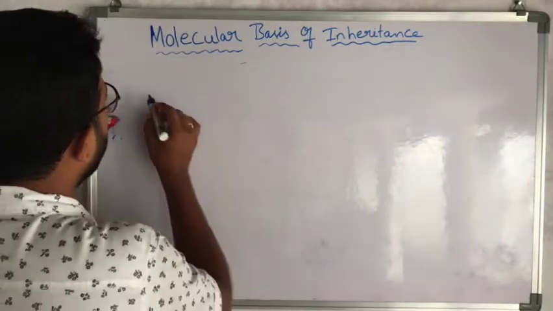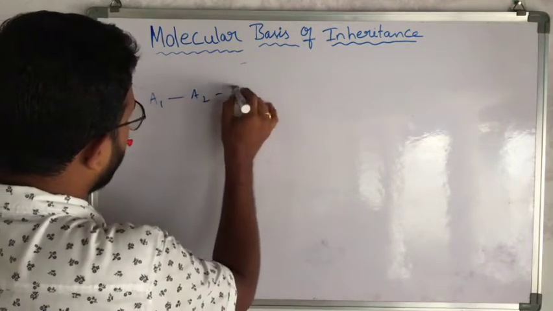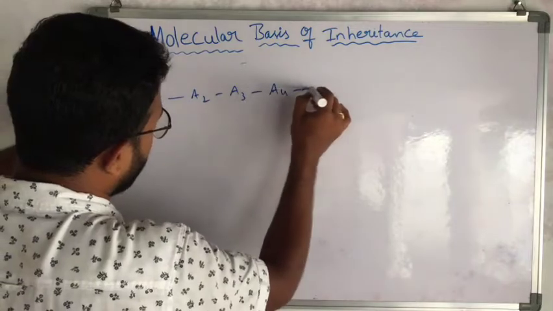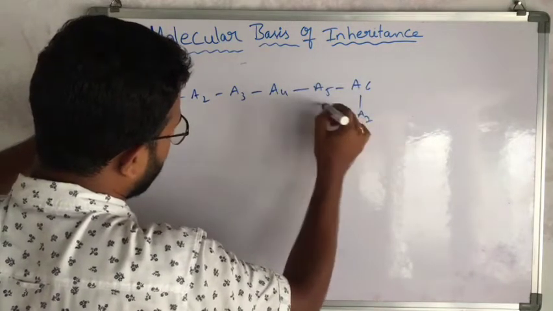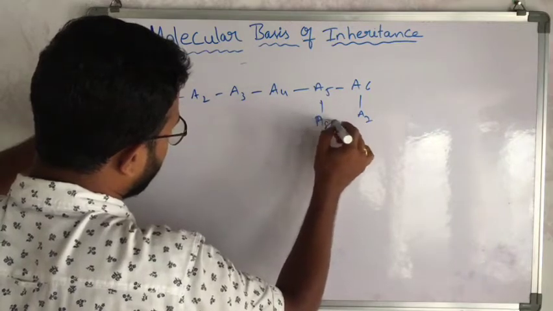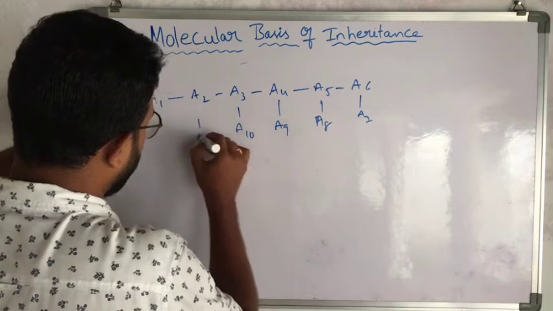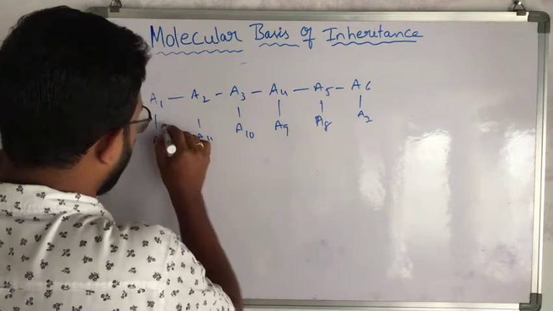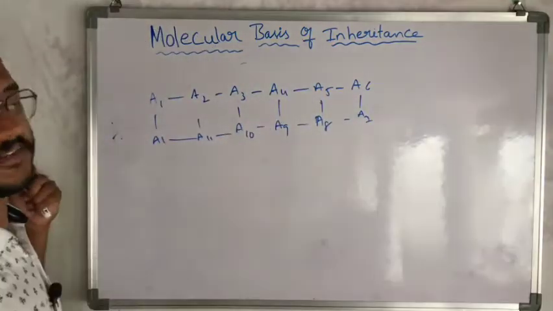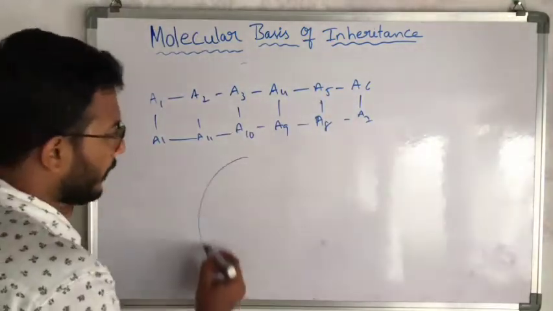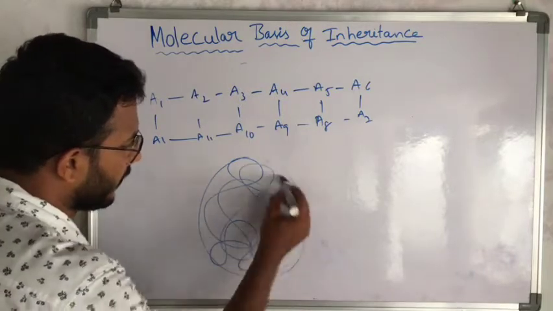Protein is manufactured from a group of amino acids: A1, A2, A3, A4, A5, A6, A7, A8, A9, A10, A11, A12, and again the linkage between them. So due to this complex bonding, a complex protein is formed.